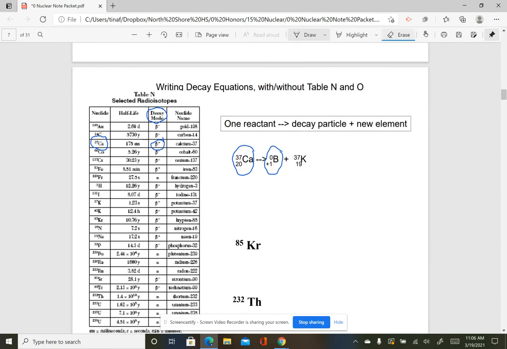Now, if you guys look at this bottom number, this is the nuclear charge of calcium, and up here is the mass. Just like in chemical reactions, in nuclear reactions, mass and charge have to be conserved.